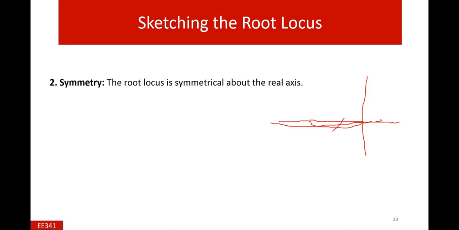The positions of the poles change with the variation of K, starting when K is equal to 0. So the root locus starts from K equal to 0 and ends at K equal to infinity. It starts from the open loop poles and ends at the open loop zeros. The second key rule is that it is always symmetric about the real axis.